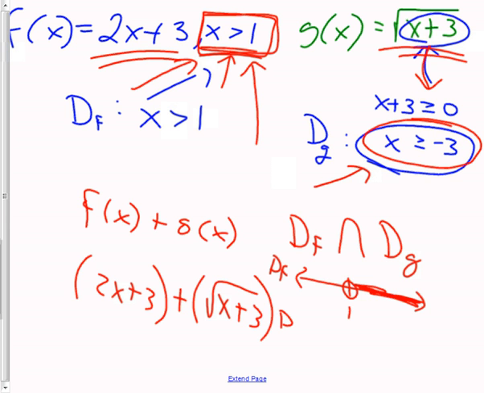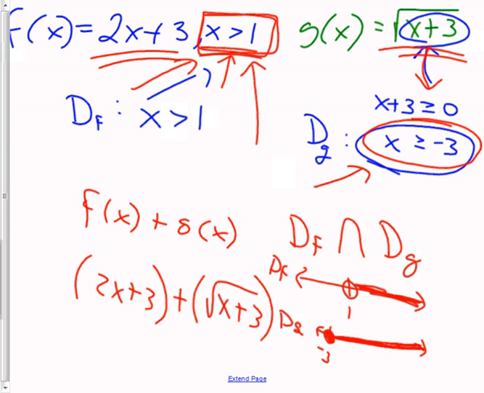Now, the domain of g, the other parent's restrictions. X has got to be bigger than or equal to negative 3. Here's negative 3. And it could be negative 3, or it could be bigger than that. Now, where do you think the child function will work?